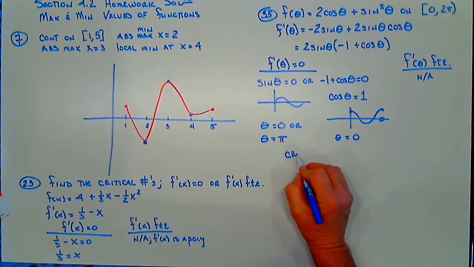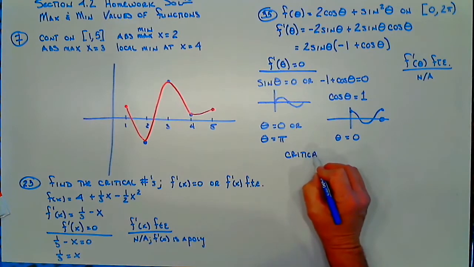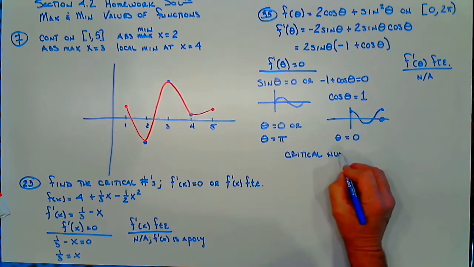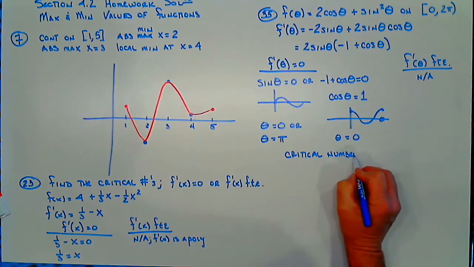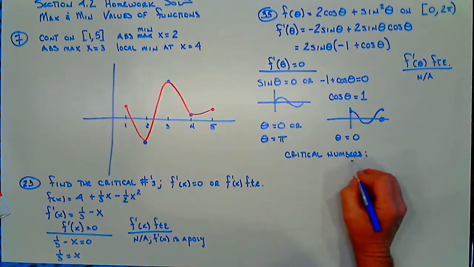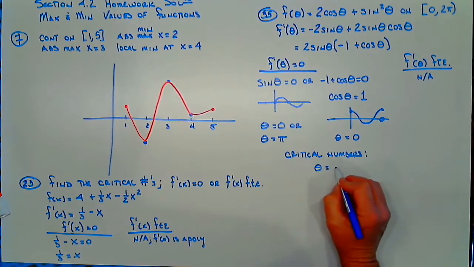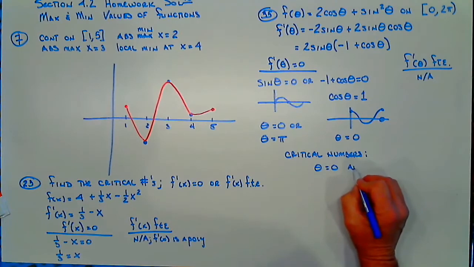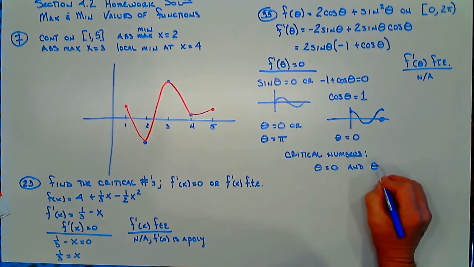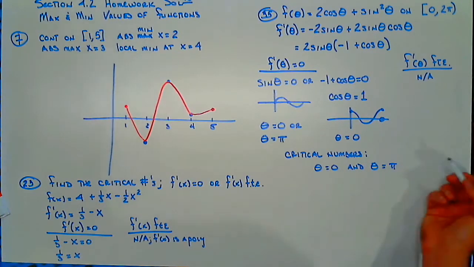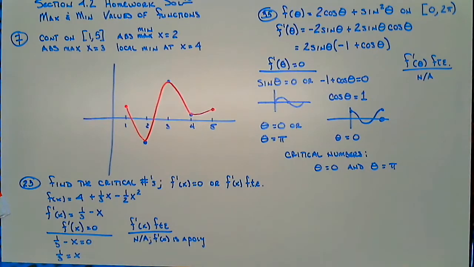So our critical numbers are theta equals 0 and theta equals pi. So that's how we go about finding critical numbers. We take the derivative, we set it equal to 0, and then we solve.